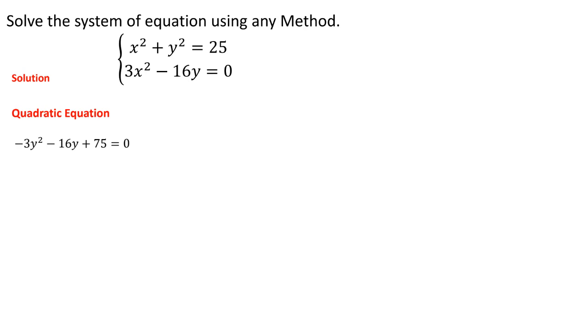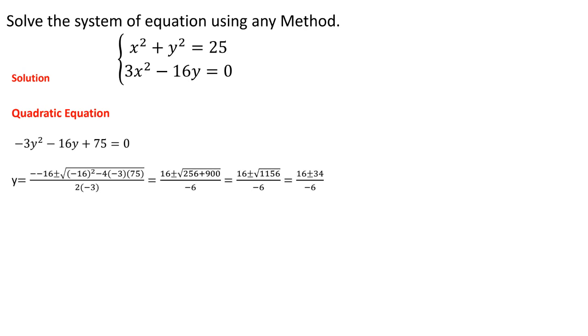So we're going to need to solve this quadratic equation. And I'm going to use the handy dandy quadratic formula here. So we have b is negative 16. So we're going to have negative 16 plus or minus the square root of negative 16 squared minus 4 times a, which is negative 3, and then c is 75, divided by 2 times a, which is negative 3.